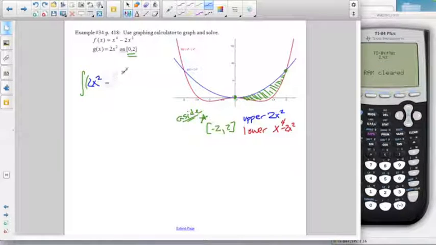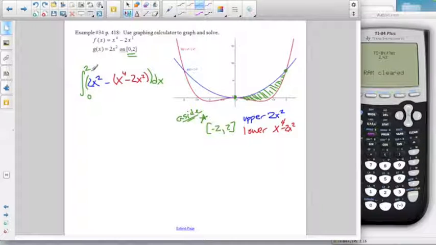And then we're going to subtract the lower function here. And the lower function is x to the fourth minus 2x squared dx. And then the lower limit would be 0, and the upper limit would be 2.